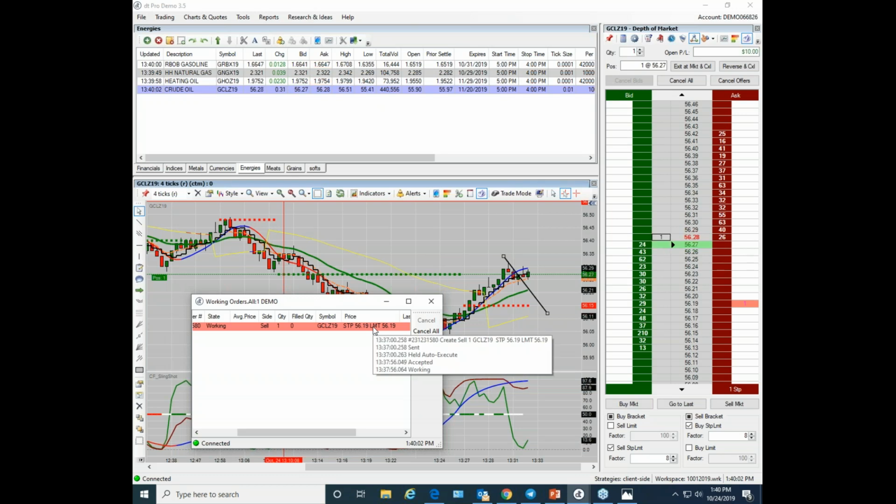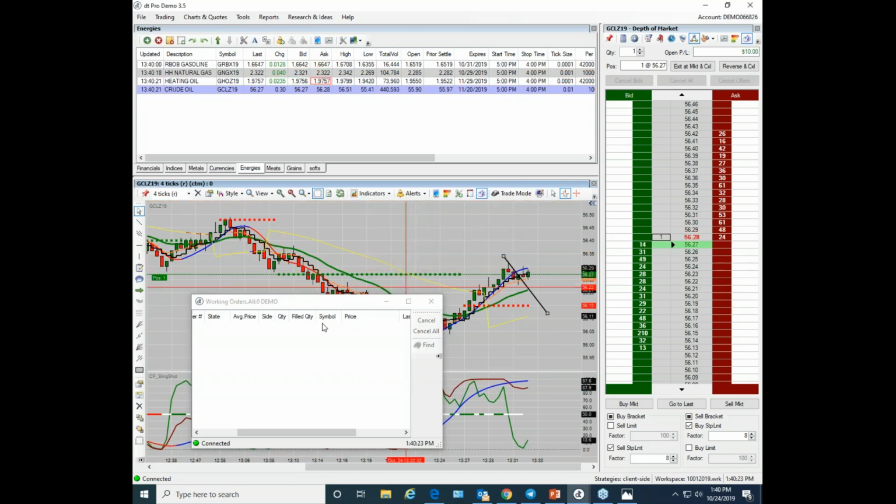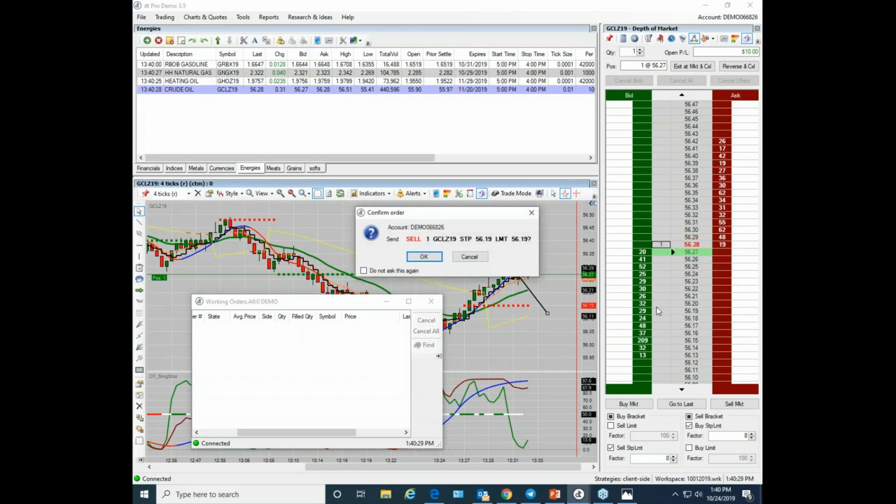So that's the issue. The other reason is, for the obvious one, you forget about it and the market trips it. You have risk on the table. You're in the marketplace with no stop at this point. Okay. So if you have this box open, if you cancel that order, it disappears. Okay. So get in the habit of having that box open.